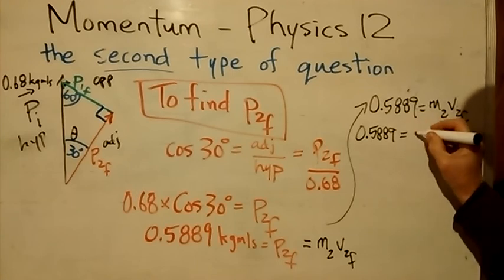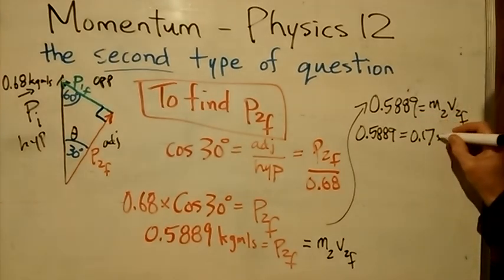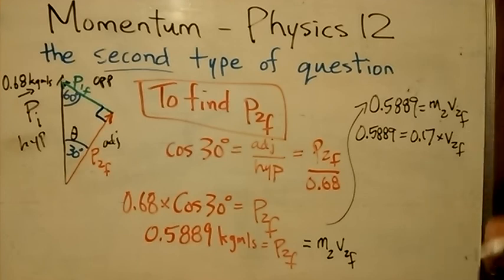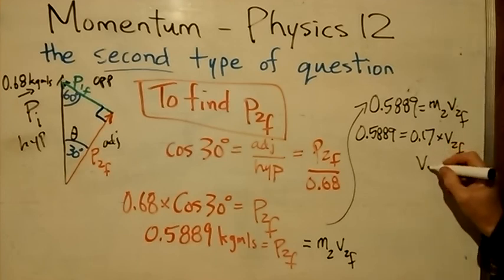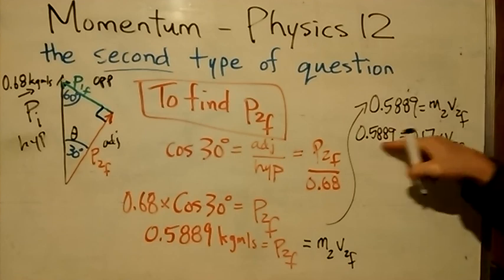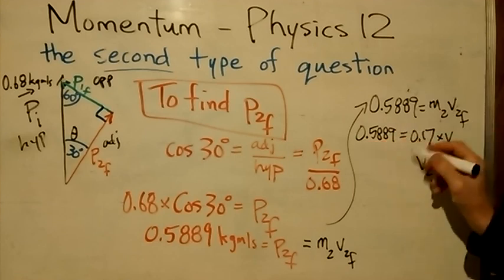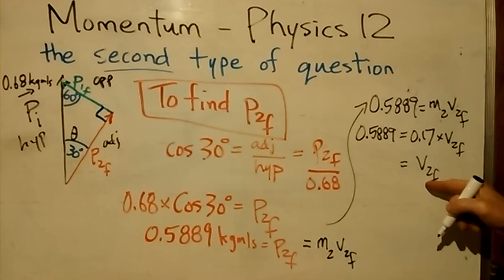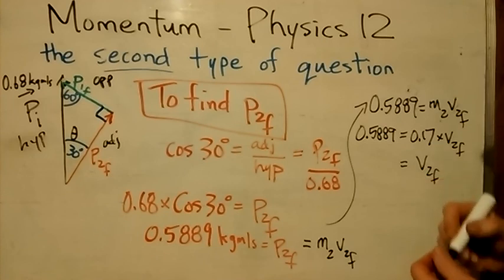So 0.5889 is equal to 0.17 times V2 final. And just do the algebra. So divide this whole side by 0.17, divide this side by 0.17, and you'll have what the final velocity of ball 2 was after the collision.